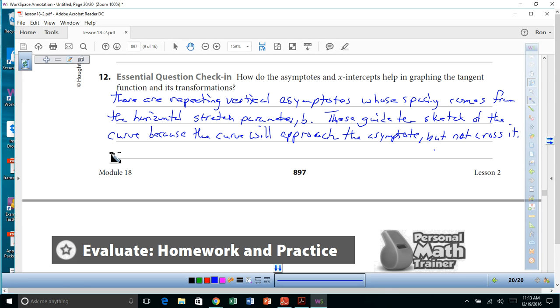The x-intercepts occur at regular intervals, and they're n pi b, where n is an integer.